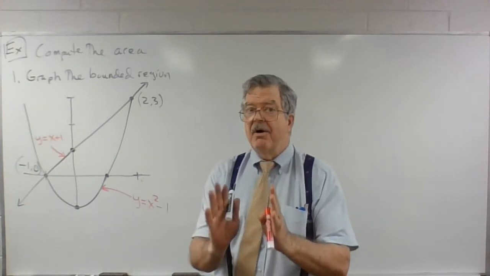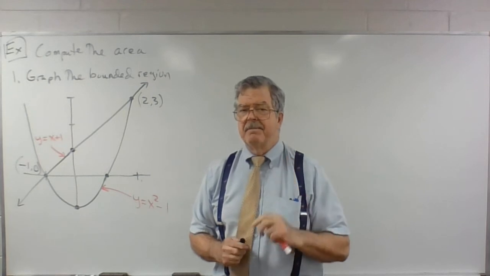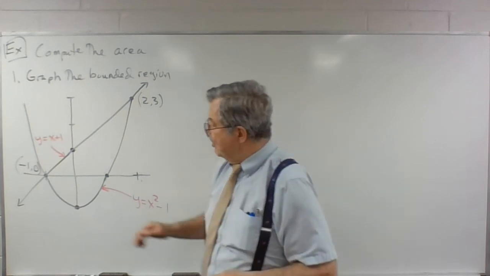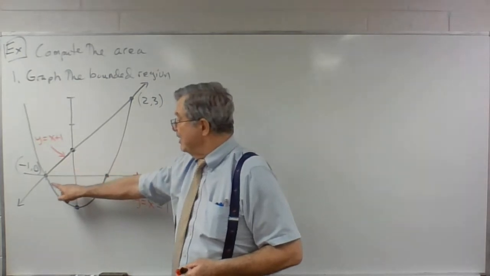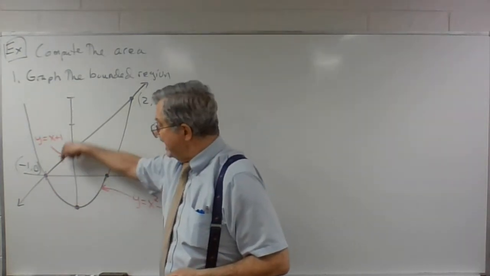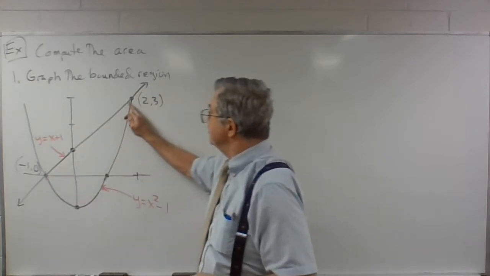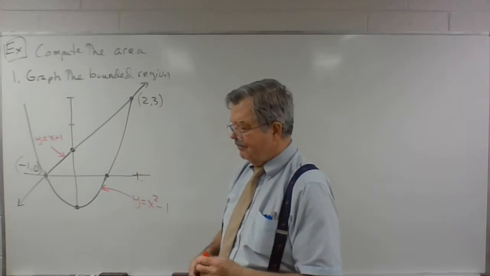I'm not going to draw all the rectangles. I'm only going to draw one. But we know, hypothetically, that we're going to fill this region up with rectangles stacked side by side from x equal -1 to x equal 2.